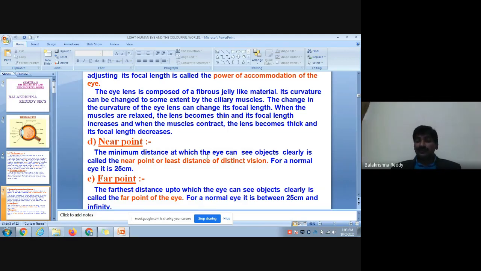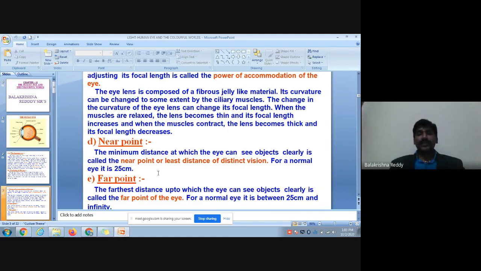So the comfortable distance at which you are able to see the image is called the near point, or the least distance of distinct vision. That is 25 centimeters for every human being. That's why we hold the book and the mobile at this distance and study.